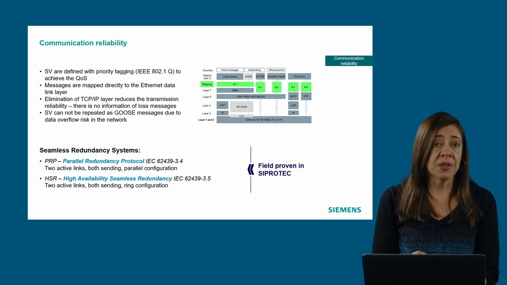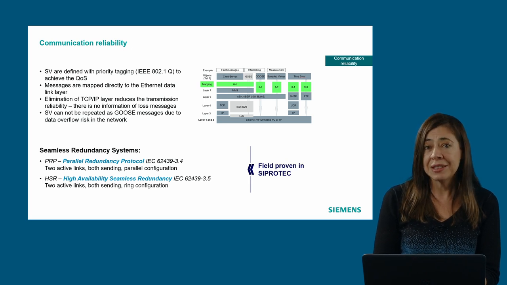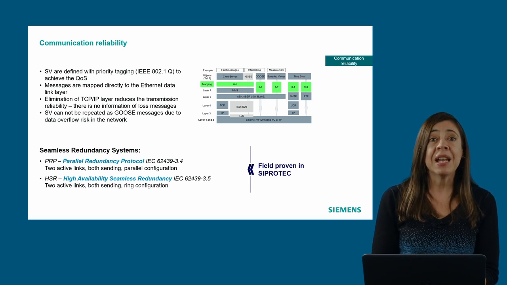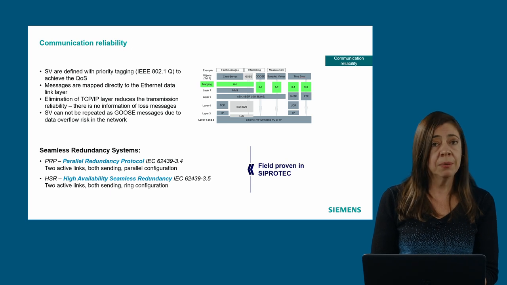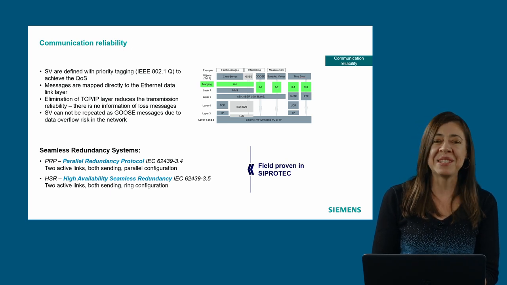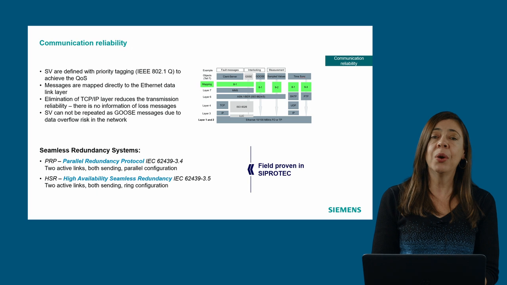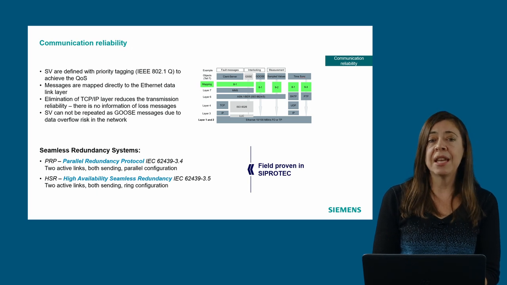So we as users are to grant the reliability of the system, and for that, the seamless redundancy is required. So we have two options. We can use the PRP, the parallel redundancy protocol, or we can use the HSR, the high availability seamless redundancy.